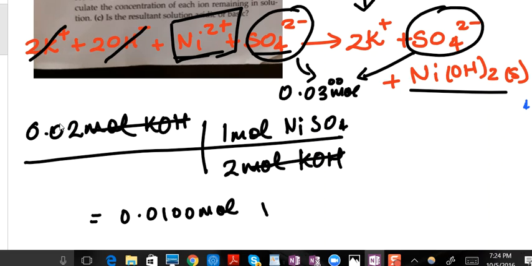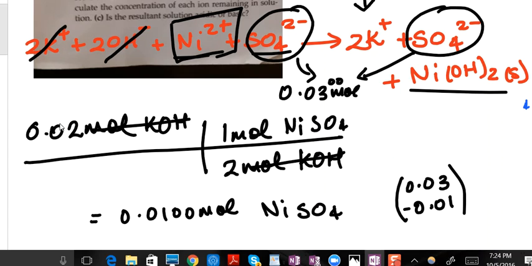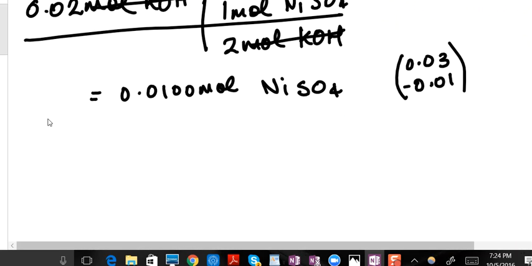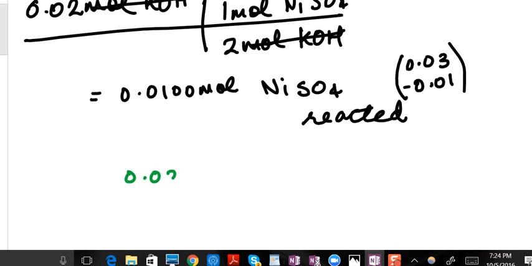Okay, how much did not react? You have to subtract: how much did not react would be 0.03 that we had initially minus 0.01. Okay, and so scrolling down, this would be reacted and you would have 0.0200 moles nickel sulfate remaining.